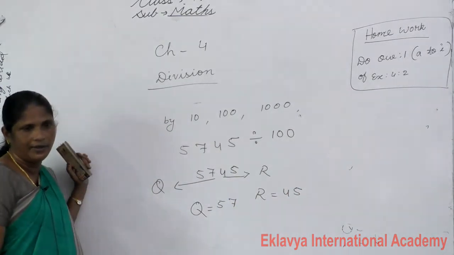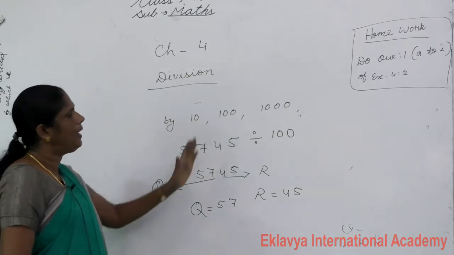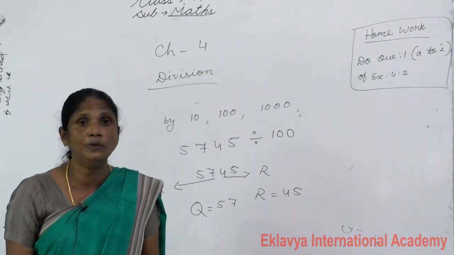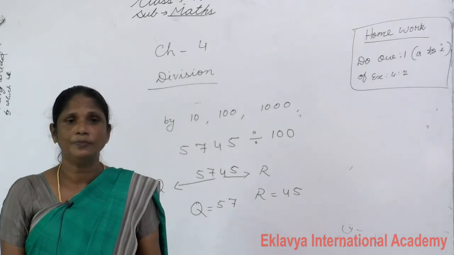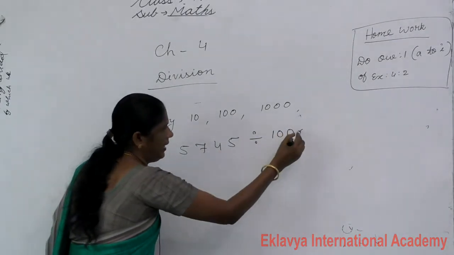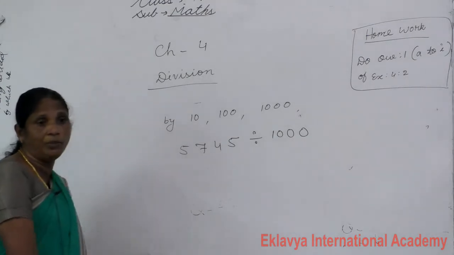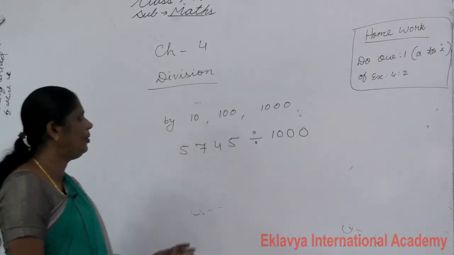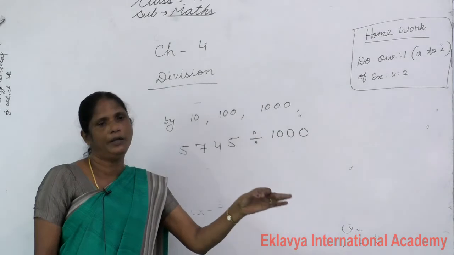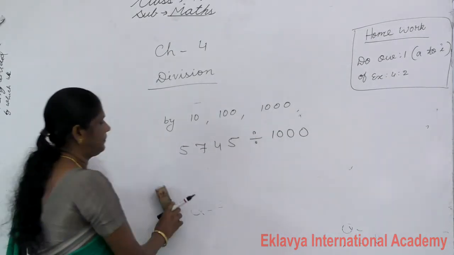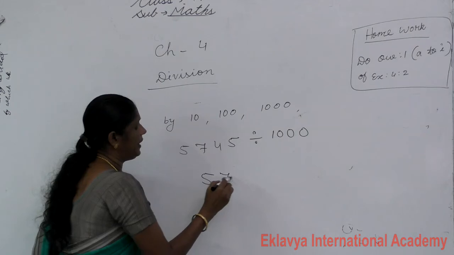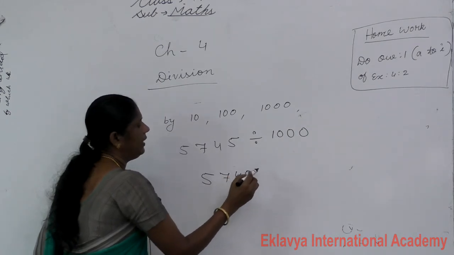Understand? Then we divide by 1000. How many digits do we remove? 3 digits, from the right hand side of the number. Here, 5745.